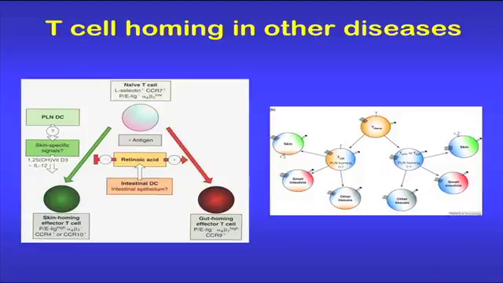So it programs the T cell with surface markers, homing markers, that are called gut homing markers, and it will go right back to the gut and find the pathogen.